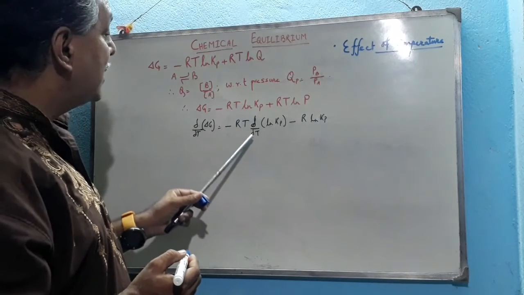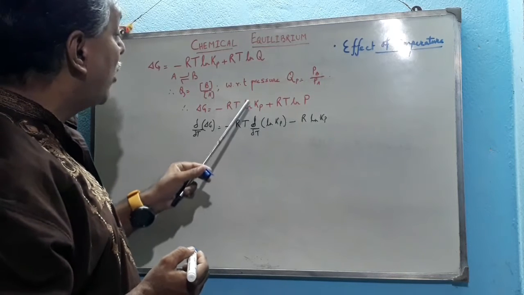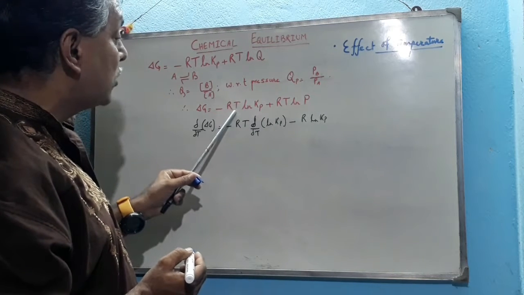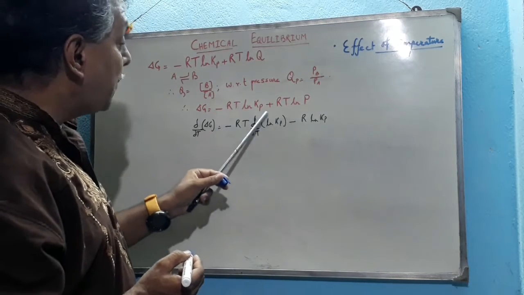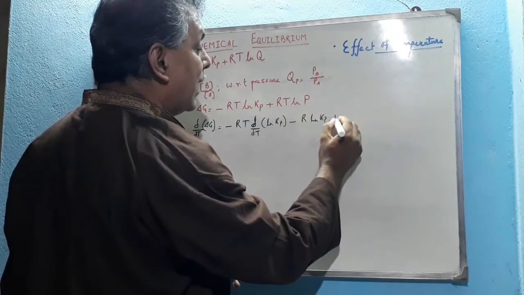So we have to differentiate with respect to T, first del T of ln Kp taking T as constant, and then taking ln Kp as constant, del T of T, which is equal to 1.